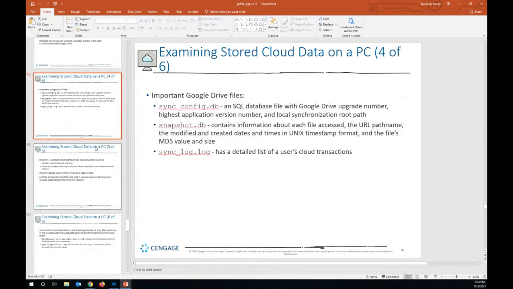There are some important Google Drive files, such as the sync_config.db. That's an SQL database file with a Google Drive upgrade number. It also has the highest application version number and a local synchronization root path.